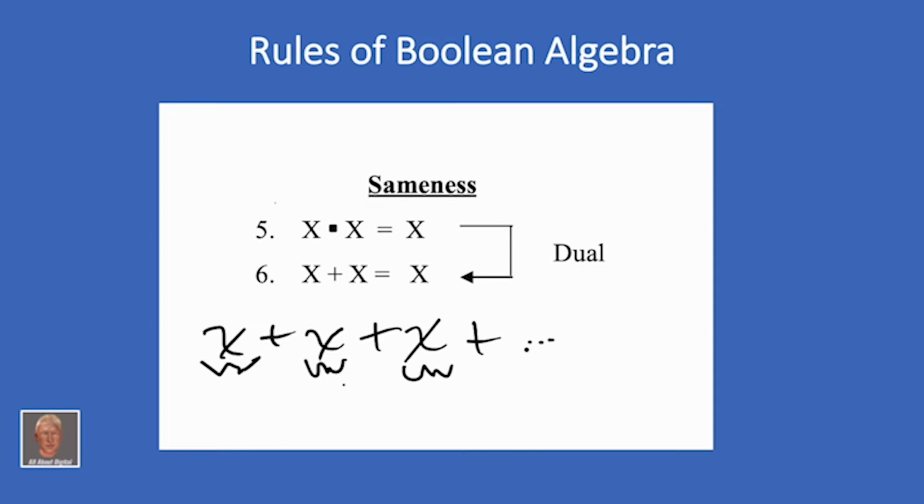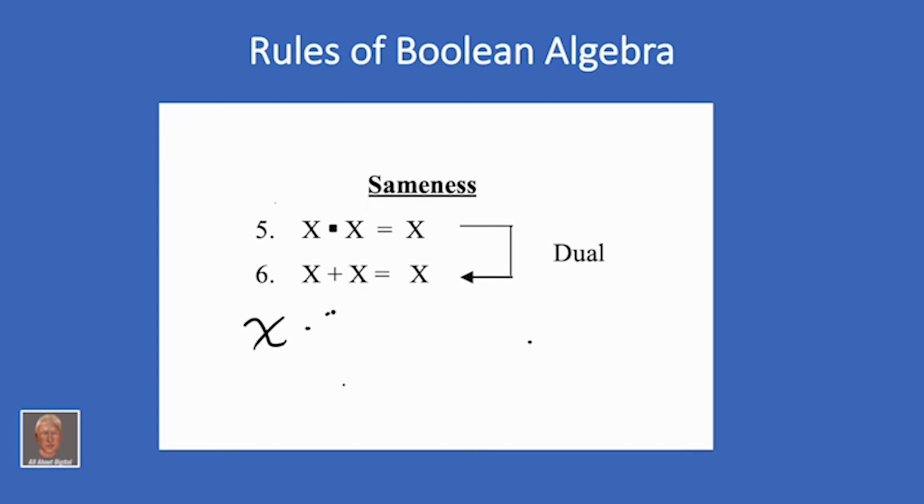The same holds true for multiplication. If you have x times x dot dot dot times x, that's just equal to x. Same thing. No such thing as x squared.